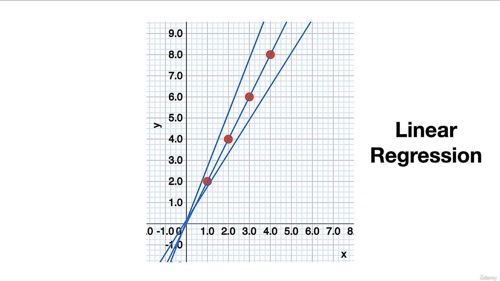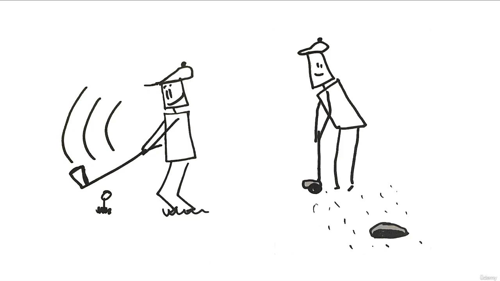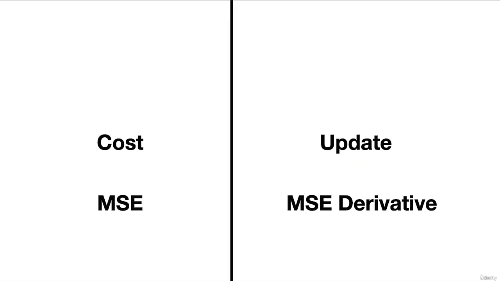Then we changed the cost function. We decided to use the mean squared error and its derivative to have more control over the adjustment of the weight. From that moment, the cost function is used to indicate how well the network is doing, and the updates to the weight will be calculated separately.